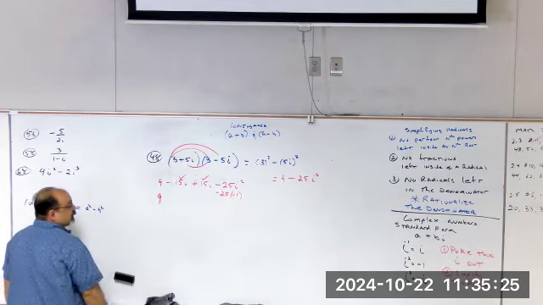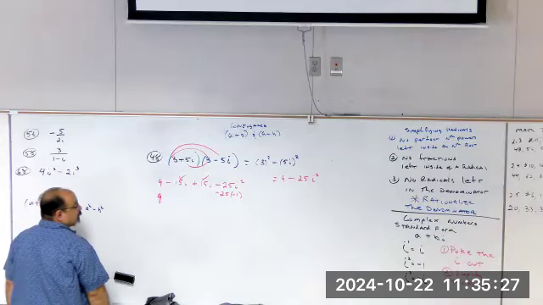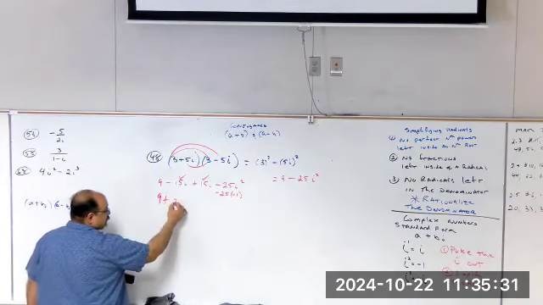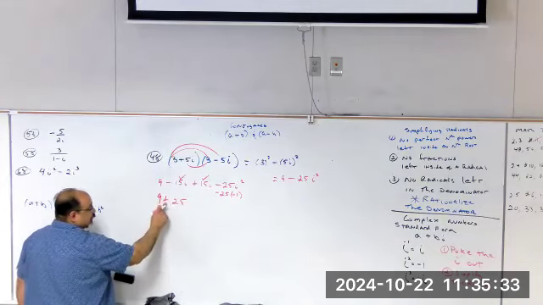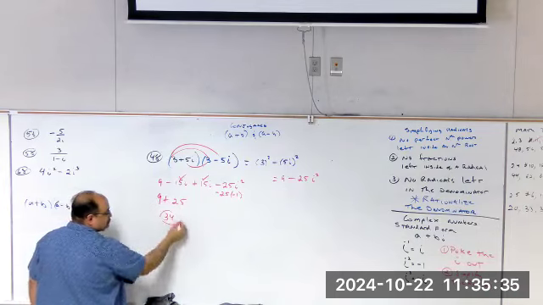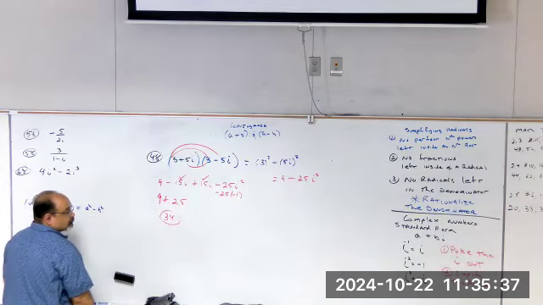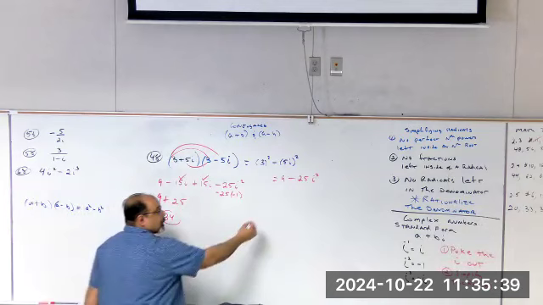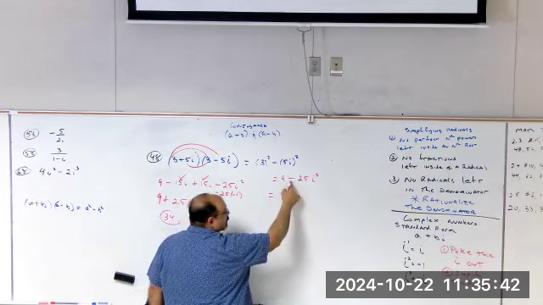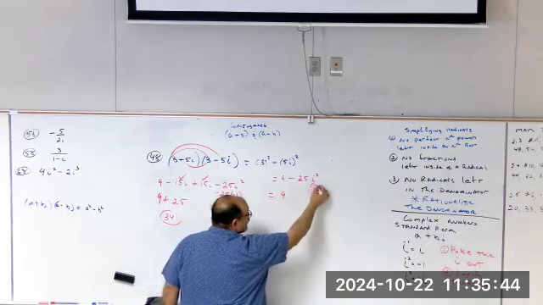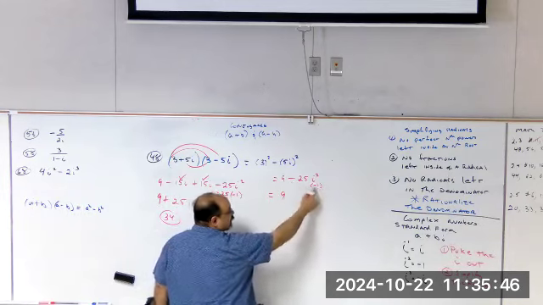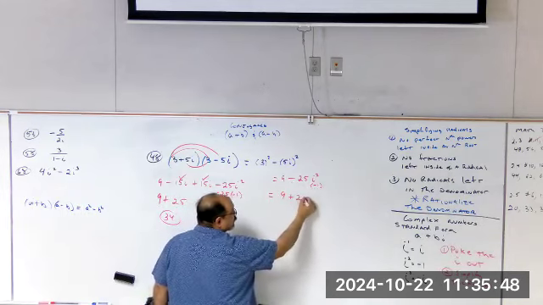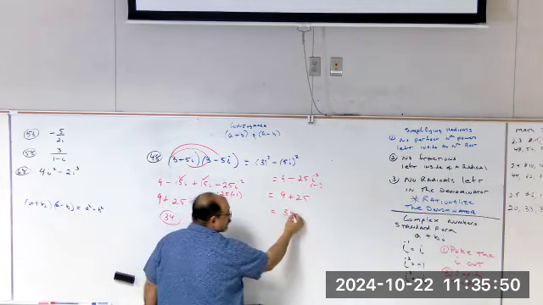So what does it end up equal? Plus 25. 9 plus 25 is 34. Over there, we get 9 minus 25, this is negative 1. Negative 25 times negative is plus 25. 34.